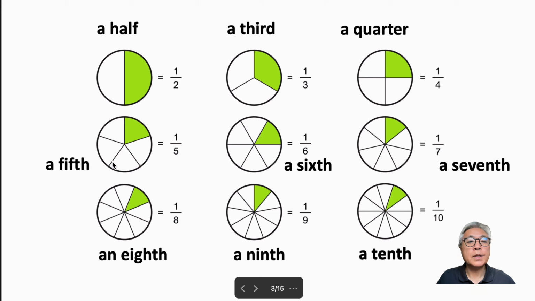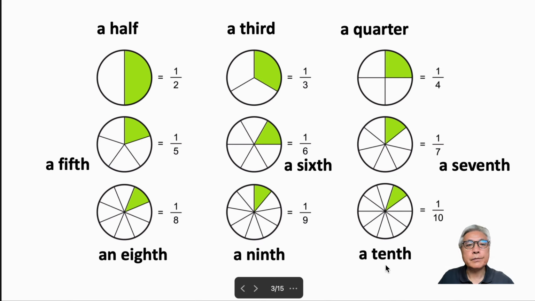A fifth, 5分の1. A sixth, 6分の1. A seventh, 7分の1. An eighth, 8分の1. A ninth, 9分の1.